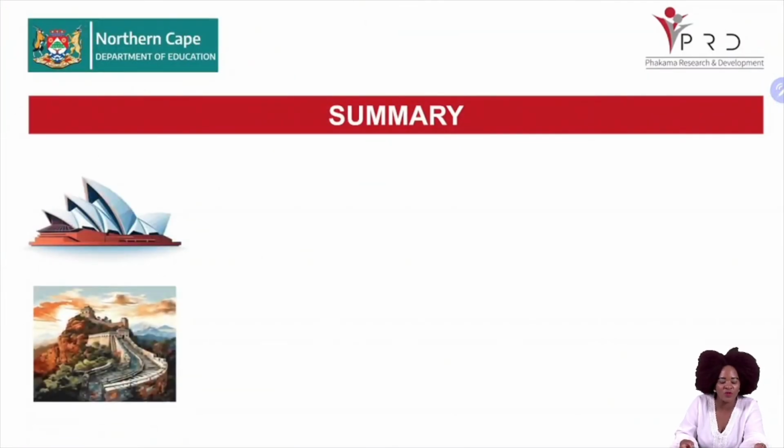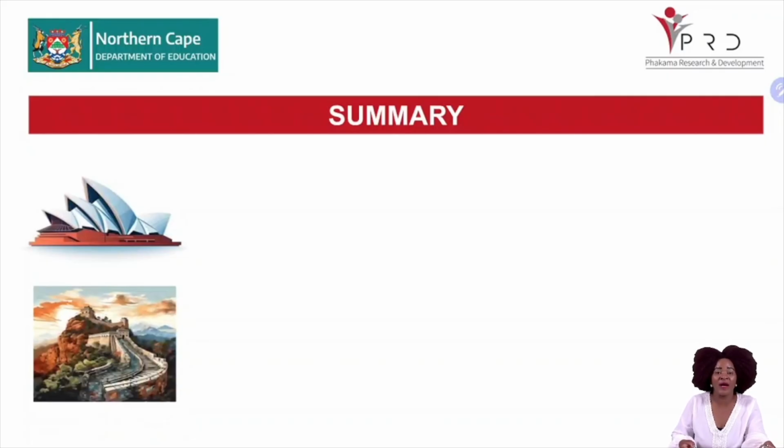Grade 12 learners, you will notice that we did this icon here, which is located in Australia. Remember, Australia has got 2 icons. It is the Ayers Rock or Uluru Kata-Tjuta National Park, because the Ayers Rock is situated inside the national park.